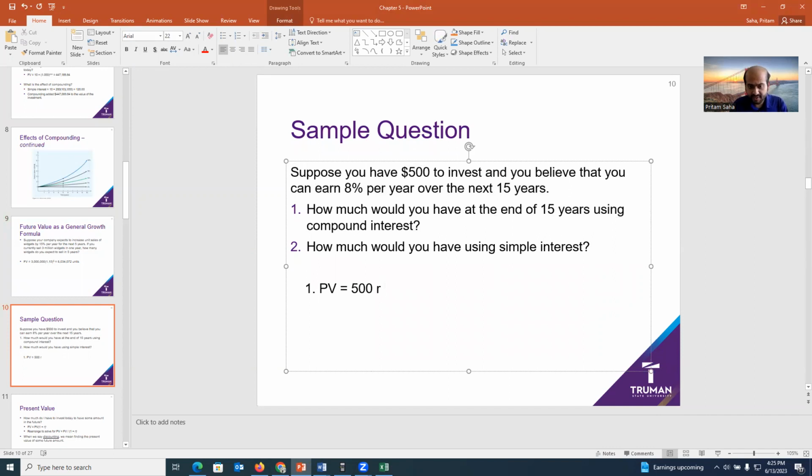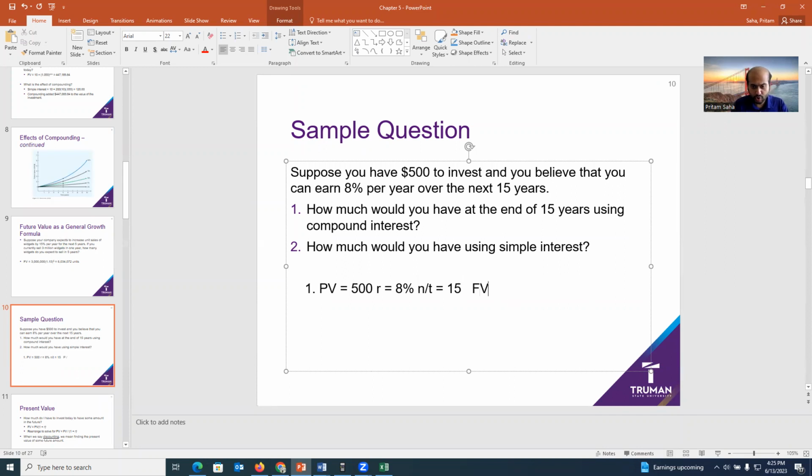So R means 8% annual rate, annual frequency, 15 years. Some people call it N, some people call it T, it doesn't matter, same thing. But make sure this is the total number of periods after adjusting for periodic frequency. How much would you have at the end of 15 years using compound interest?